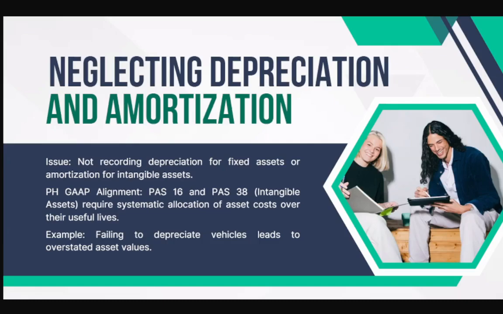Okay? The failure to recognize depreciation and amortization may overstate fixed assets, and overstated yung balance sheet mo. Ma-overstate yung asset, especially yung book value nung property o nung asset. And at the same time, yung income statement mo overstated.